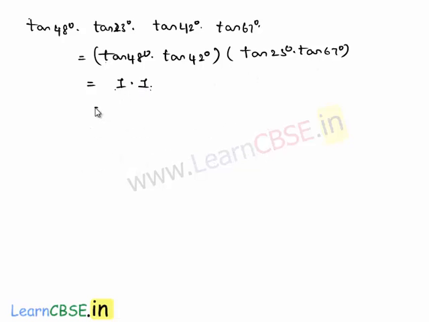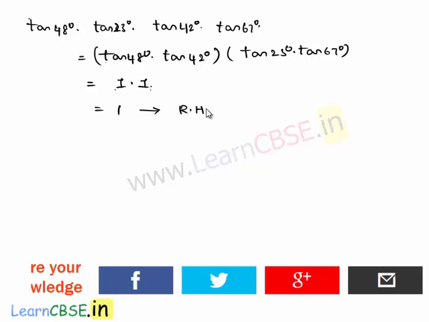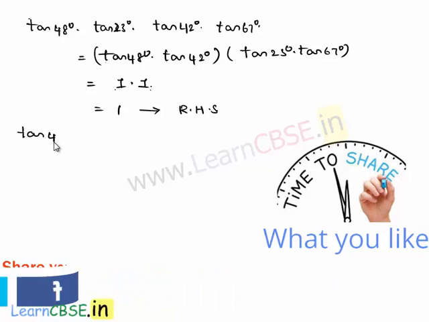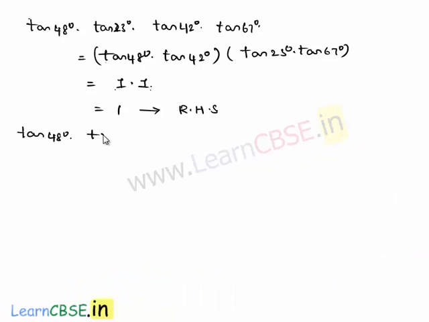And now 1 into 1 is nothing but 1, which is nothing but the right hand side of our given equation. Therefore tan 48 degrees into tan 23 degrees into tan 42 degrees into tan 67 degrees is equal to 1.